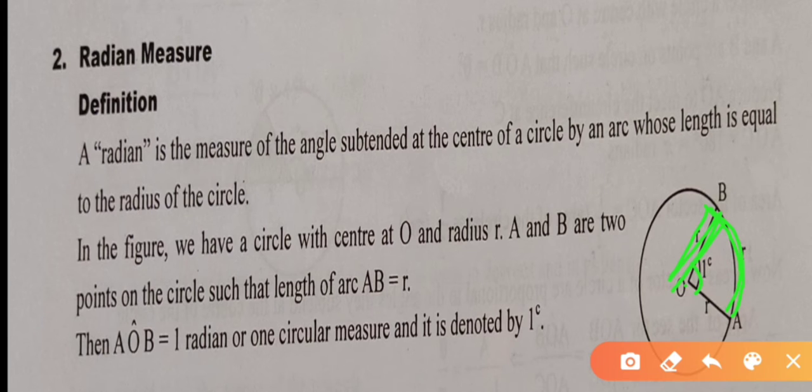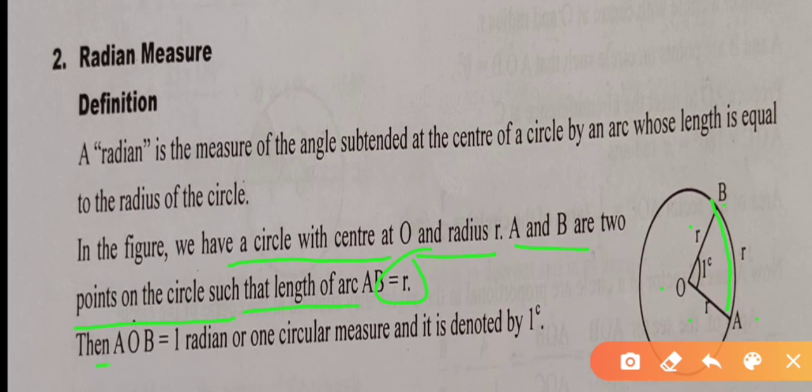In the figure, we have seen a circle with center O and radius R. A and B are 2 points on the circle such that the length of the arc AB is R, that is nothing but your radius.